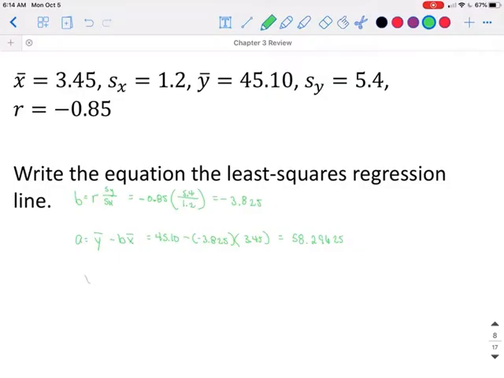So once you have your a and your b, to write your equation, it's just a plus bx. So we take our a value and we add our b value. Since it is negative, we can write that as minus 3.825x.